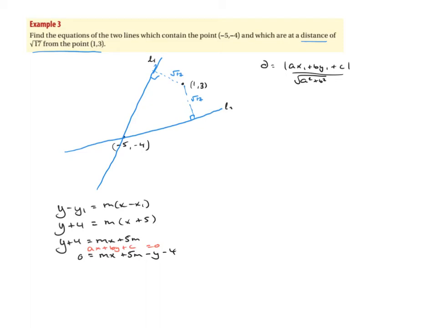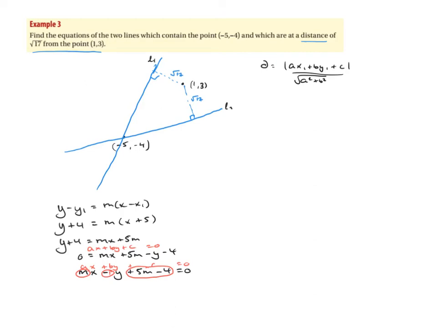So I'm just going to rearrange it, and I'm going to have mx minus y plus 5m minus 4 is equal to 0. And now I'm just going to write above it, ax plus by plus c is equal to 0. So my a in this particular one is m, my b is minus 1, my c is this whole thing here, this 5m minus 4.